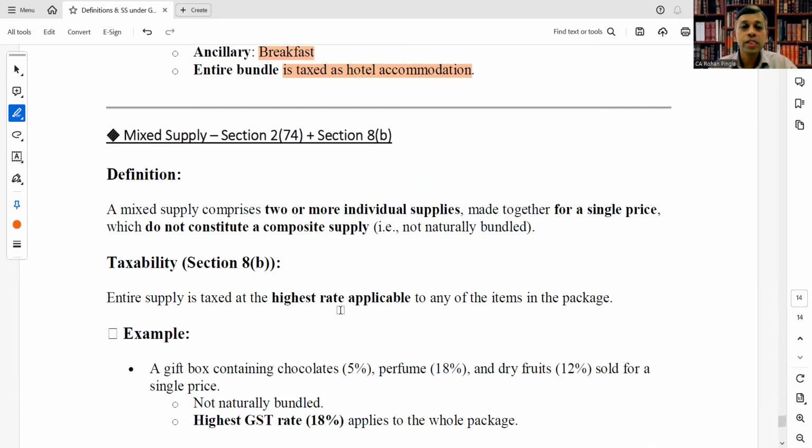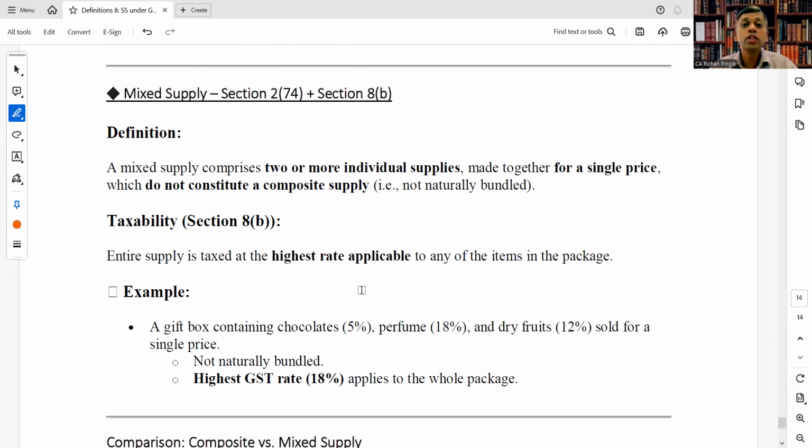Mixed supply. Section 2, subsection 74, plus Section 8, clause (b). A mixed supply comprises two or more individual supplies made together for a single price, not naturally bundled, which do not constitute a composite supply. This is the important difference between composite and mixed supply.